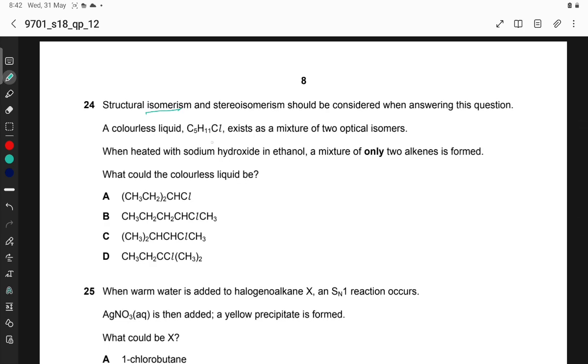A colorless liquid C5H11Cl exists as a mixture of two optical isomers.